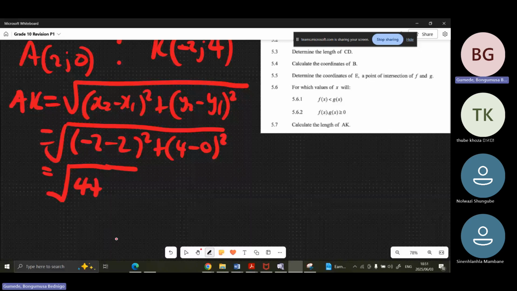That one will give us 16. Sorry. That's 4 is 16 plus 16. 16 plus 16, square root 32. That's our answer. Square root 32.